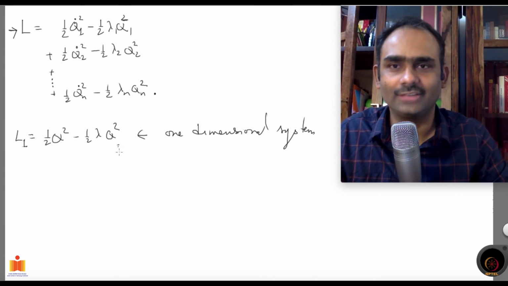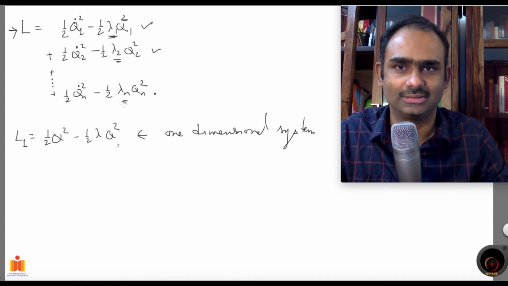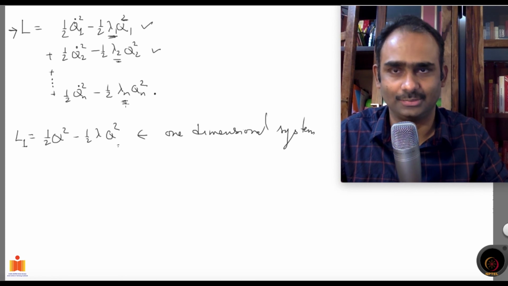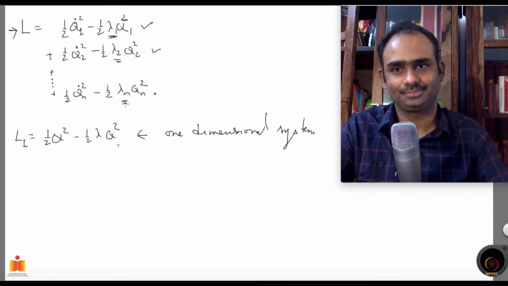The only thing different between this and this is the lambda 1 here and lambda 2 here and all these coefficients, right? Other than that, there is no difference between these different one-dimensional systems.